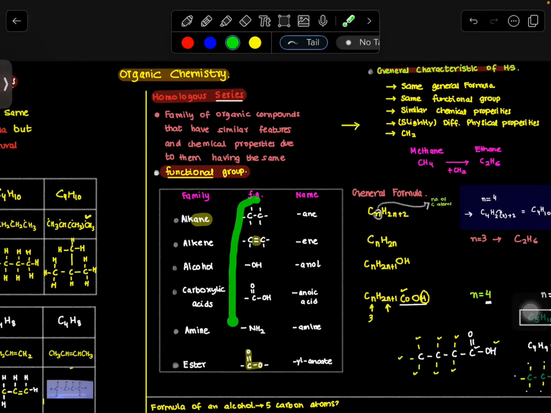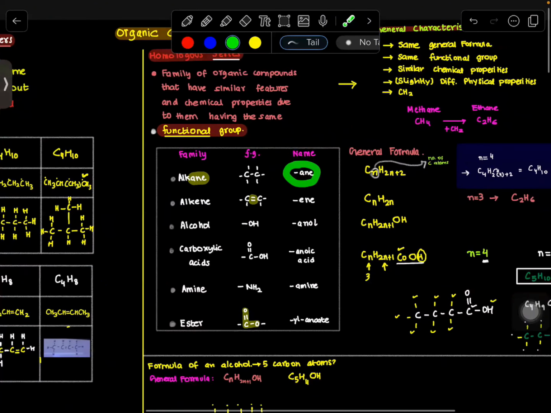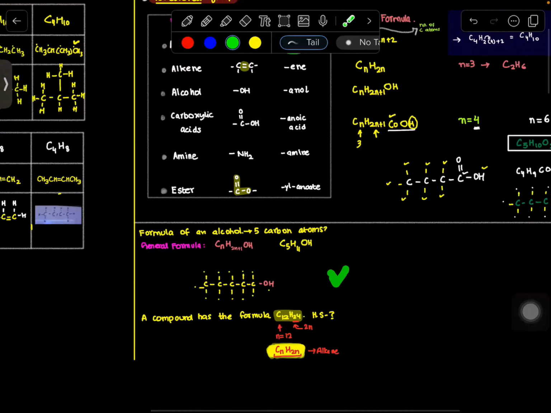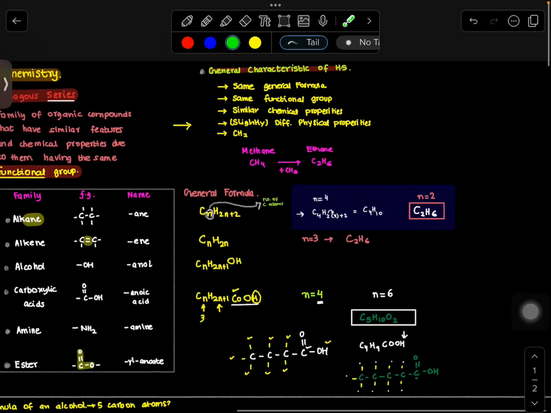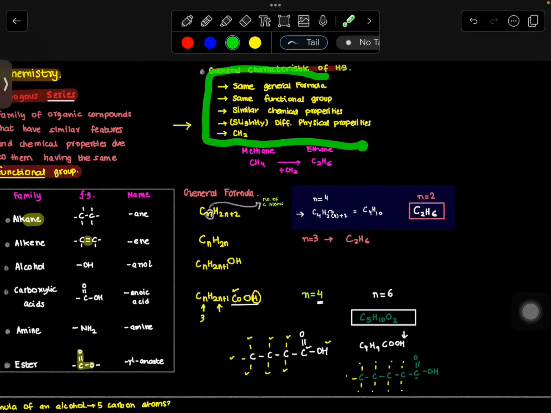And we studied the functional groups of these families, and we also studied the suffixes that their names end with. And we did a few examples here that you can surely practice after class as well. And lastly, we summarized the general characteristics of a homologous series.